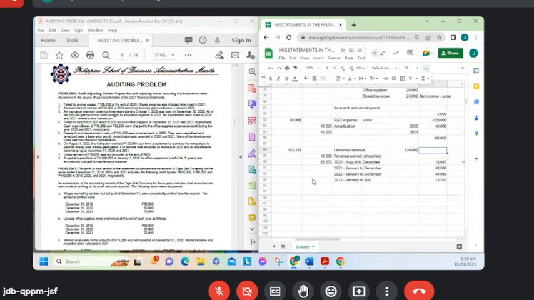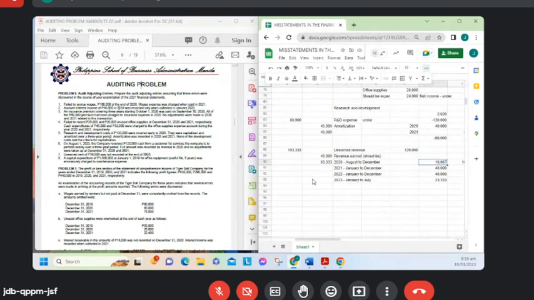So the entity recorded this 120,000 as revenue, where in fact it should be spread over 3 years evenly. So as a result of that, there's an overstated revenue, resulting to overstated net income in 2020. However, a portion of that is to be recognized as revenue already, di ba?